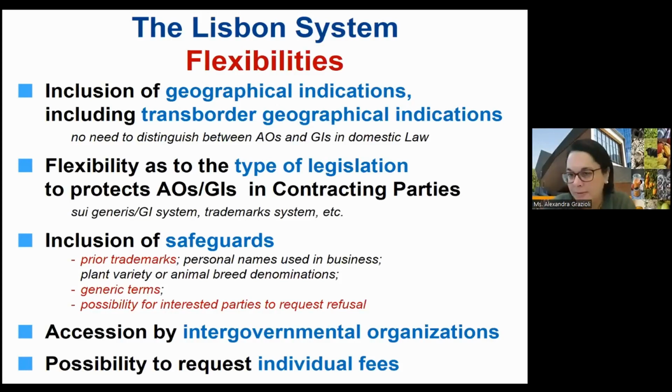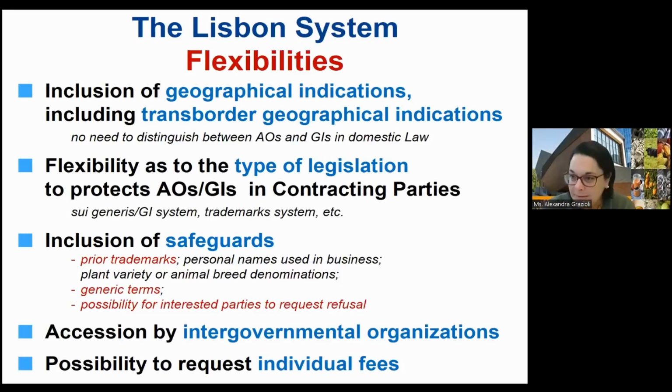There is also the possibility of protection of trans-border geographical indications, meaning that two neighboring countries who are members of the system, if they have a geographical indication that goes on both sides of the border, so the geographical area covers two countries, can make a single application together and protect a joint geographical indication in the system.